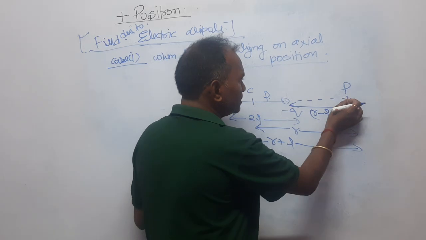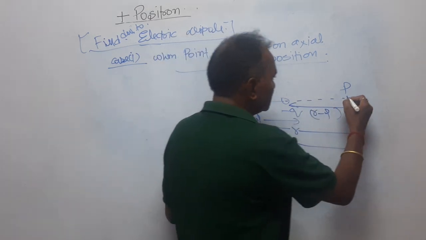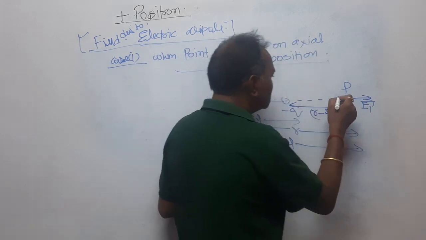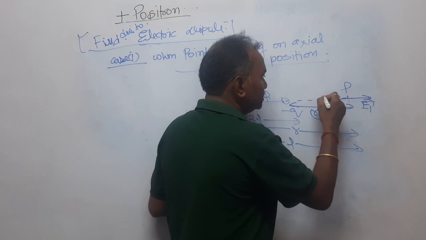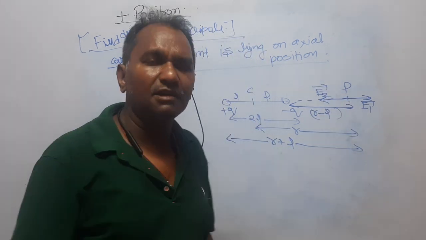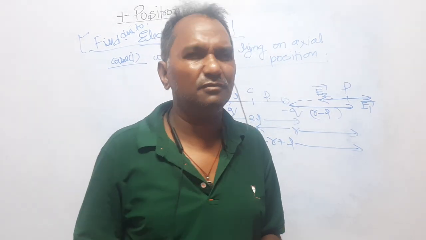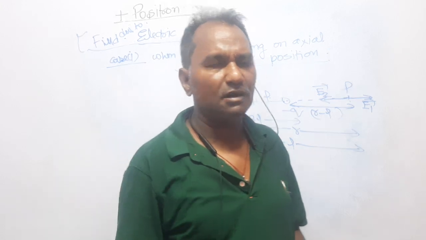Now, if you consider a positive test charge here, then this positive charge will repel it in this way, that becomes E1, and this negative charge will attract it in this way. This is E2. It means the net field at point P will be E1 minus E2 or E2 minus E1. Which one is bigger? We just have to subtract the smaller one.